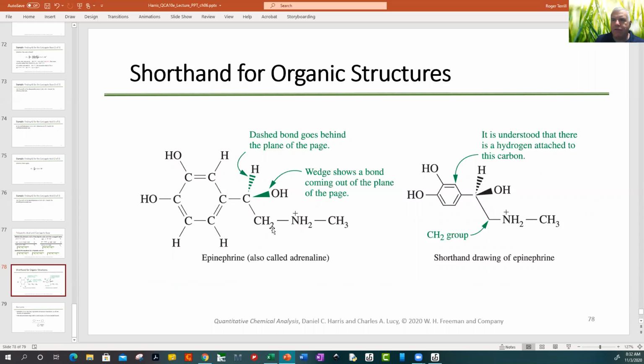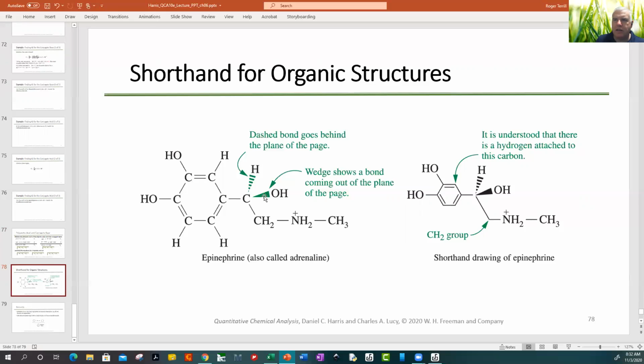This is a full drawing of it with all the important stereochemistry. The stereochemical center is just this carbon, which has one hydrogen going into the plane and one hydroxyl coming out. You know it's stereochemically active because this carbon has 4 different groups on it.